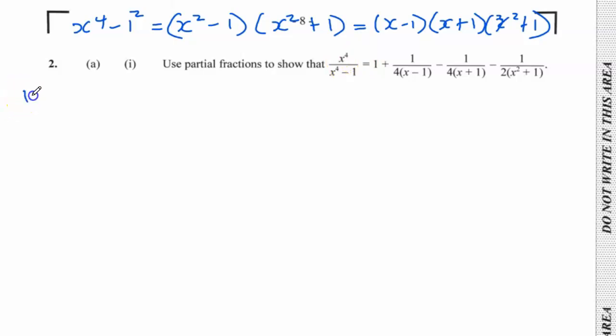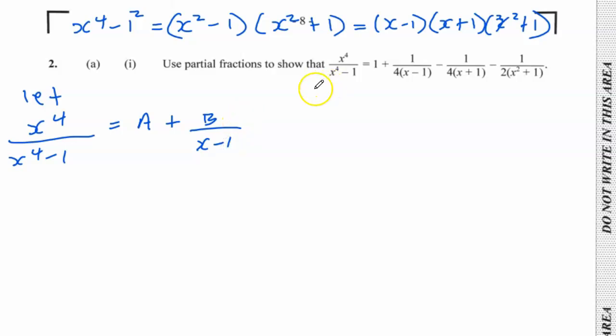Alright, so we're going to let x to the 4th power over x to the 4 minus 1 be equal to, so this one we don't know it's 1, let's call it a. So the constant there, a plus b over x minus 1 plus c over x plus 1 plus d over x squared plus 1.